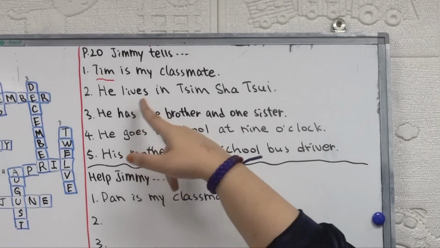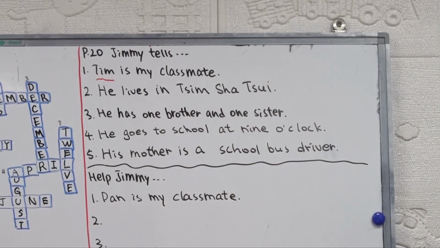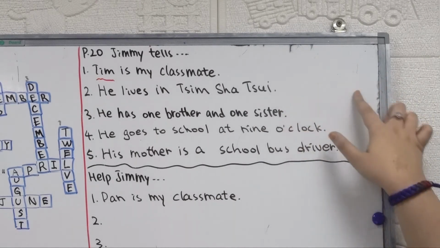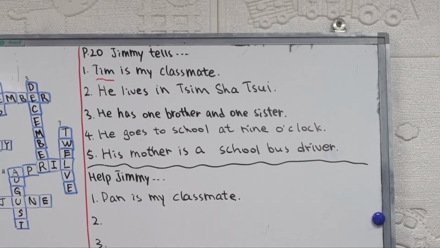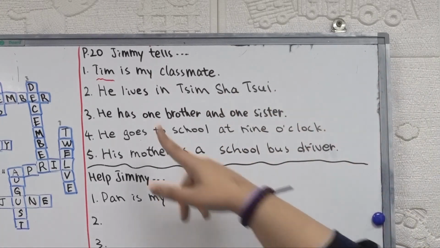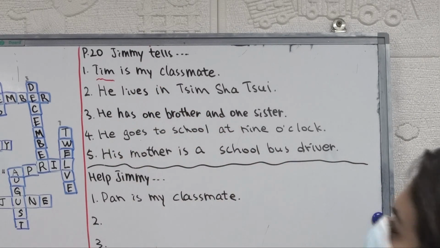Next one. He lives in Tsim Sha Tsui. So this is basically a place in Hong Kong, and there is a board here, right, saying Tsim Sha Tsui. All right. He lives in Tsim Sha Tsui. So the second thing he told the class is where his classmate Tim lives.